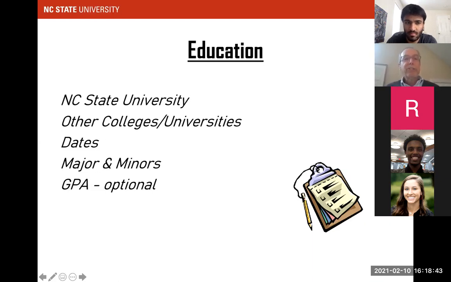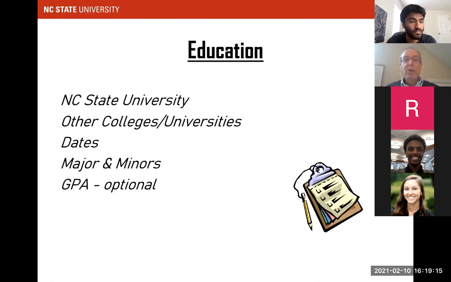Okay, for the education, I mentioned some of this. I mentioned all these things, and we'll look over an example. Does anyone have any questions about the education category? So you said we would include even community colleges that we took just a few classes at? That's right.